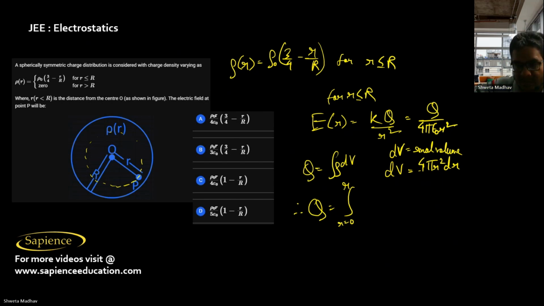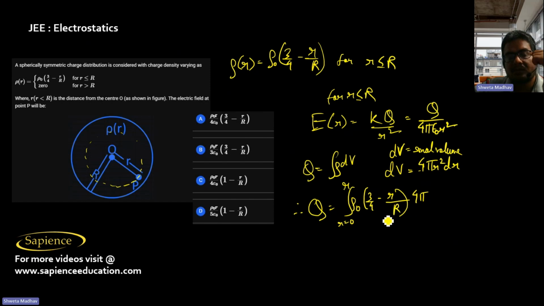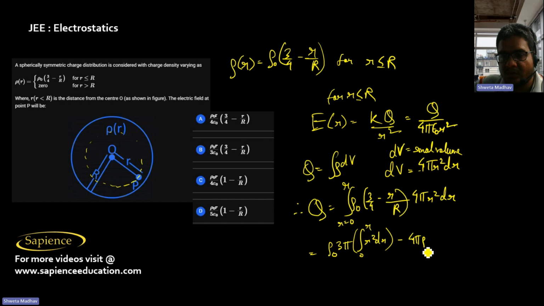So q is equal to integral 0 to r of rho, that is rho naught into 3 by 4 minus r by R, times dv, that is 4 pi r square dr. Now this part is constant, so it will be rho naught into 3 pi, 4 will cancel, rho naught 3 pi integral r square dr from 0 to r, then minus 4 pi rho naught by R into integral r cube dr from 0 to r.